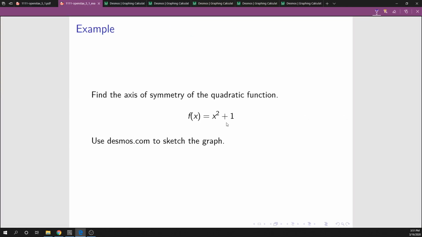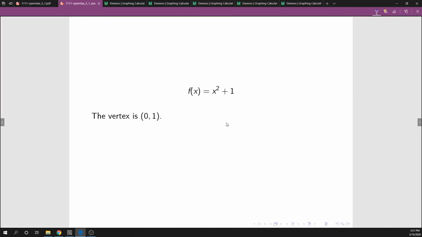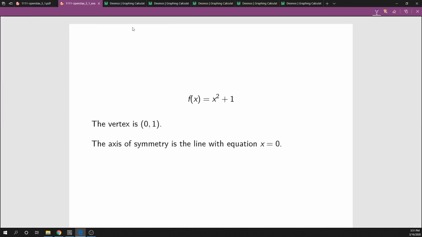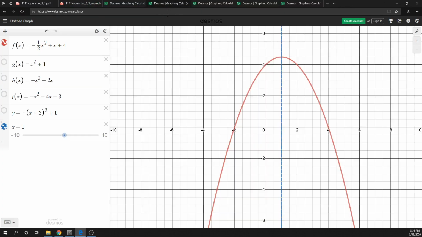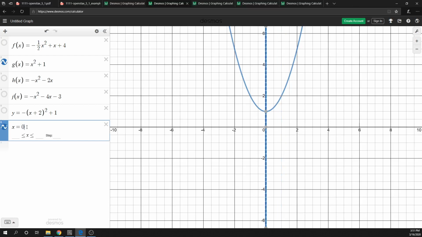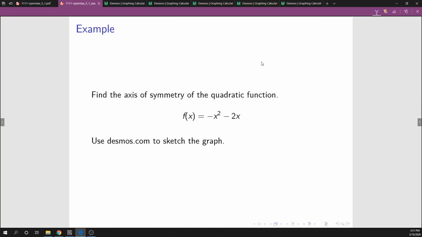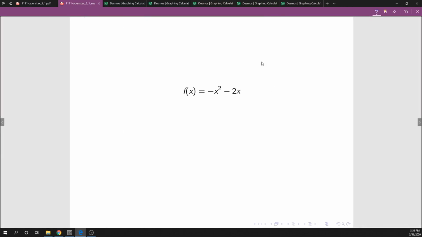For the second example, f of x equals x squared plus 1, we found that the vertex was (0, 1). So the axis of symmetry for that one would be x equals 0, and x equals 0 would look like that. There you can see that it cuts right through the vertex. And the last example is this quadratic function, the opposite of x squared minus 2x, and we found that the vertex of that was (-1, 1).